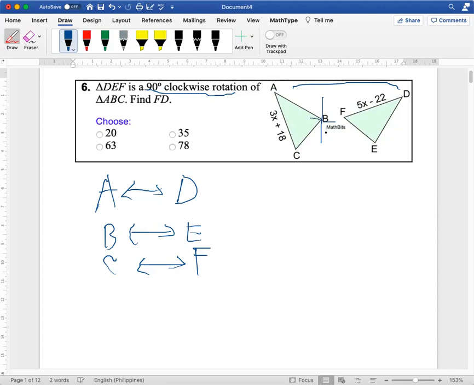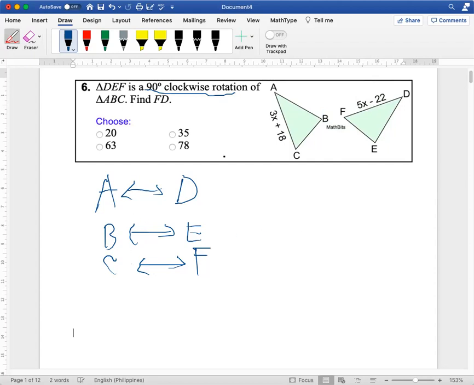Now, what would be its orientation if we move it by 90 degrees? Of course, 90 degrees would be here. So A will be turned to here. So A now becomes our D. And of course, B becomes our E, and C becomes our F. That's how we identify the corresponding parts once we transform the triangle.